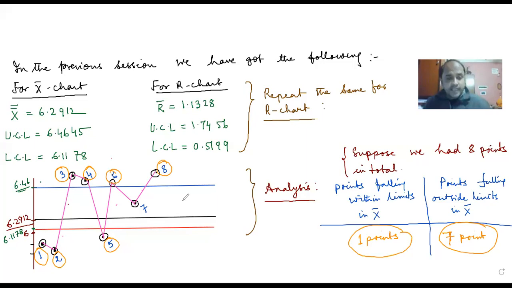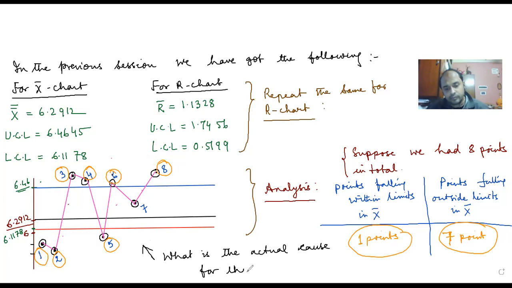So after seeing this particular quality control chart, you have to identify what is the actual cause for this type of results, which assignable cause is actually affecting, or is it a chance cause.